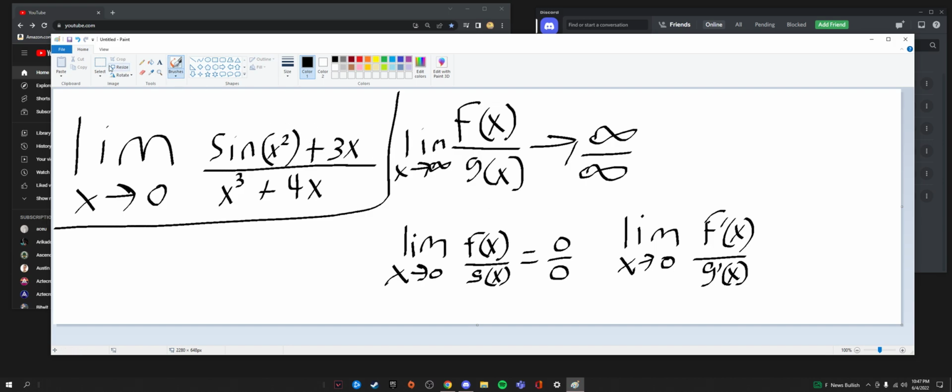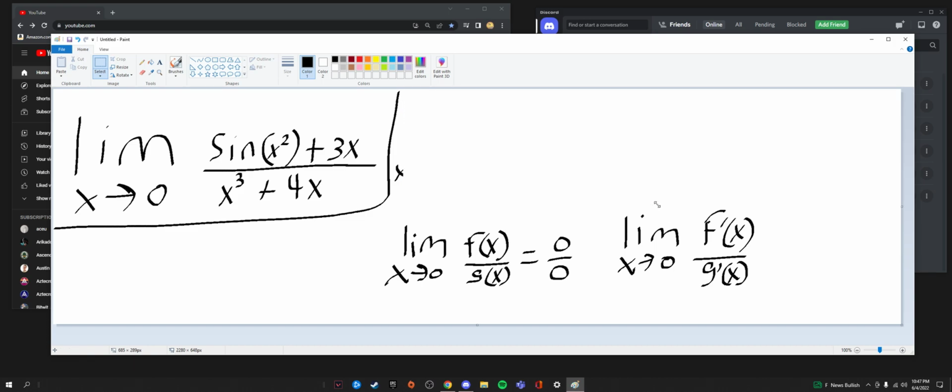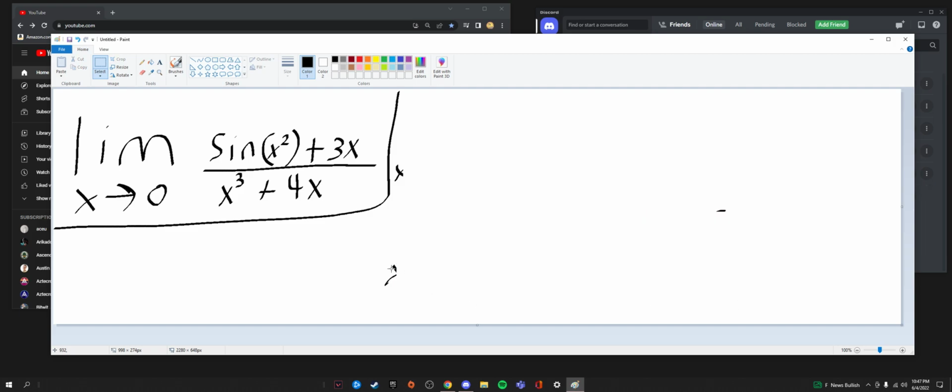Now that we have some basic intuition on what L'Hopital's rule does and the cases where you would actually use it, let's go over the example I have. We have the limit as x approaches 0 of sine of x squared plus 3x over x cubed plus 4x.